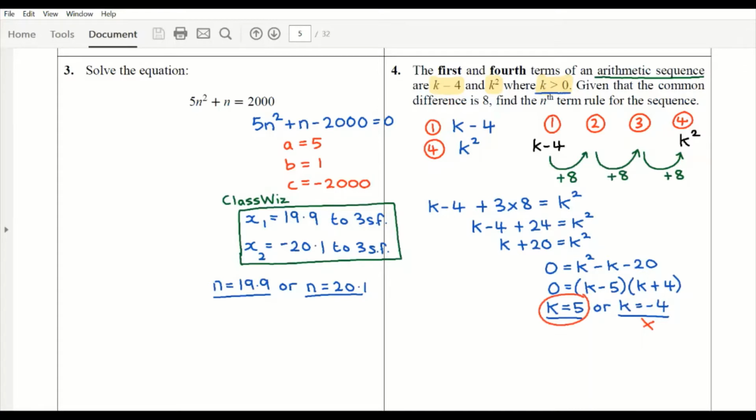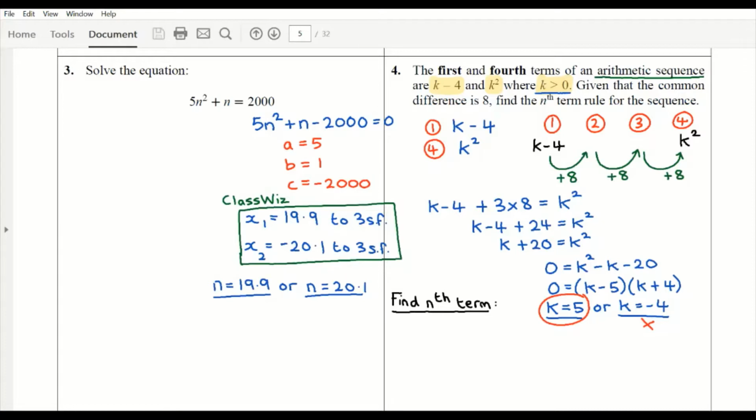And now we have to find the nth term rule. So I'll make a note of this. Find the nth term rule. Well, if we know k is 5, I can now write down what each of my terms are going to be. Remember, I only need the common difference and the first term.